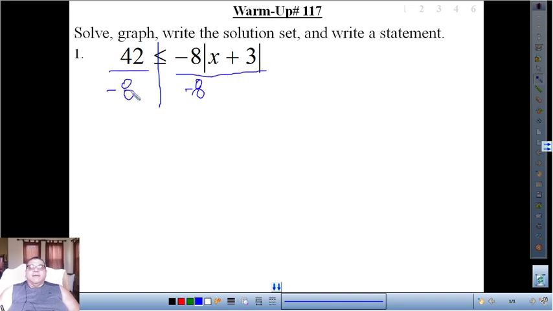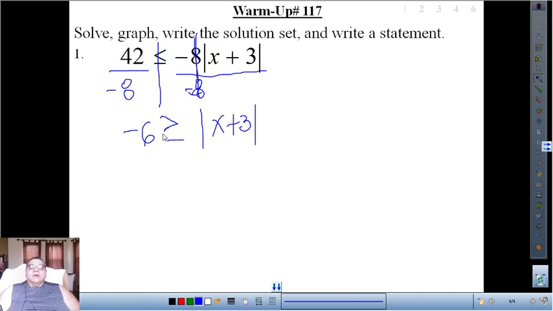Divide by negative 8, a giant 1 right there, so I have negative 6 is greater than or equal to the absolute value of x plus 3. And just remember, guys, that whenever you are multiplying or dividing by a negative, to flip the inequality symbol.